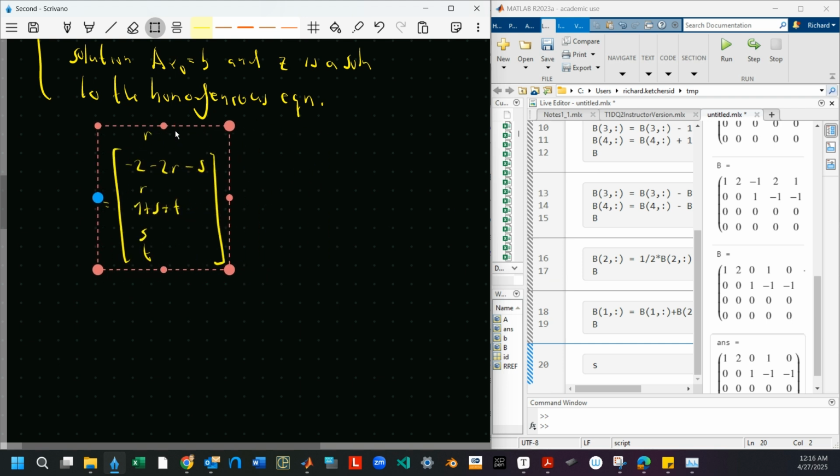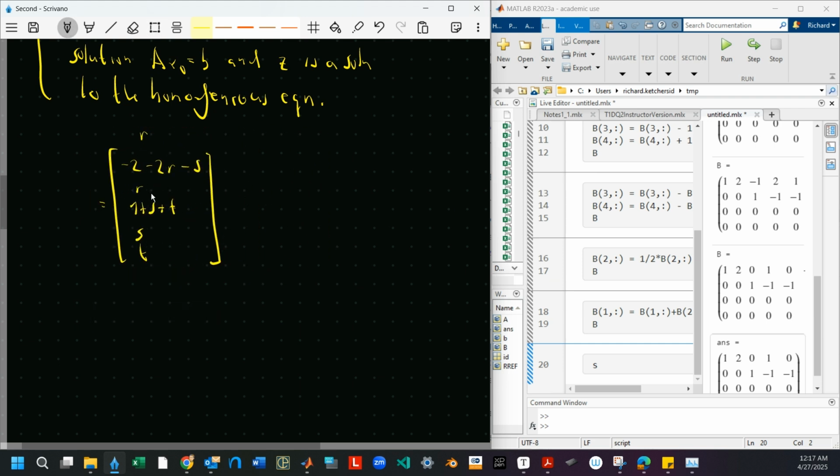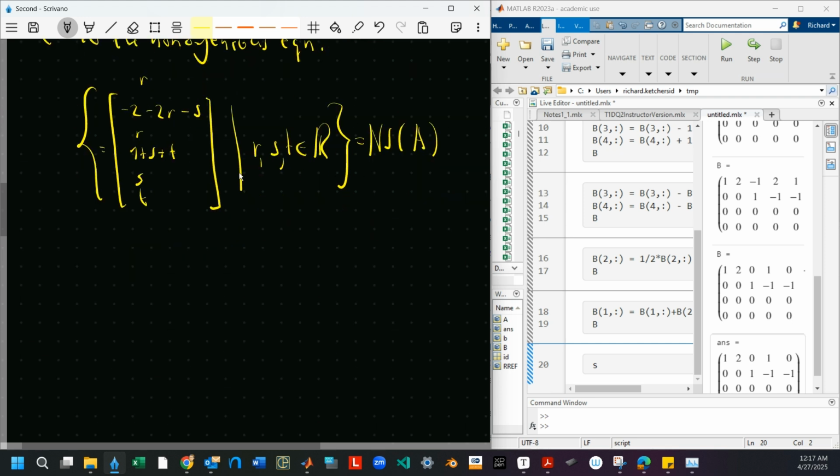So this is the set of vectors like that, right? If I put set notation around here, where r, s, and t are in R, this is the null space of A. These are exactly the set of all x such that Ax equals 0.